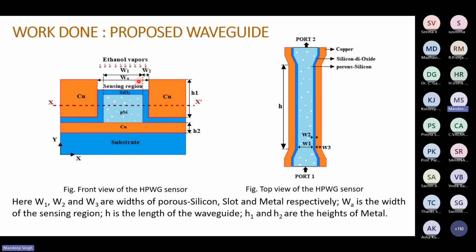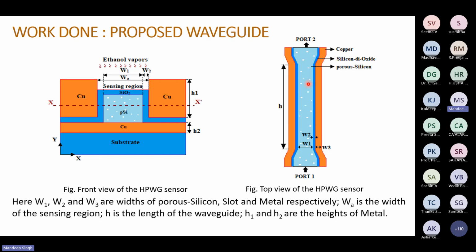Then we have made a sensing region and put some analytes. Harmful volatile alcohols like ethanol are exposed through this sensing region. If you want to see the top view, if you take a cut across x dash, you will get this copper region and the slot, then the porous silicon slot and copper.